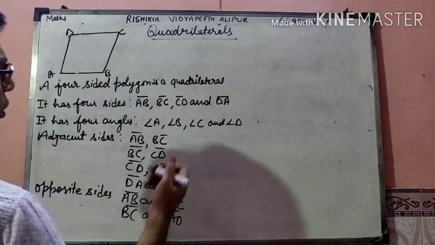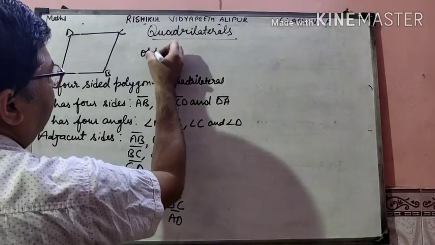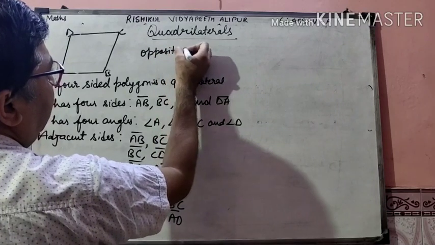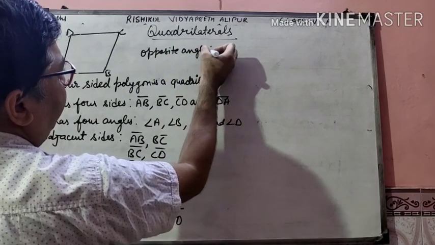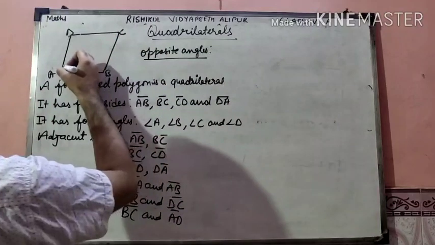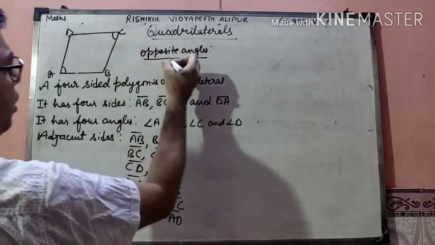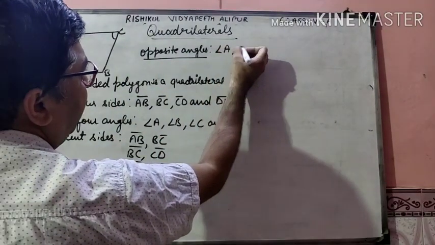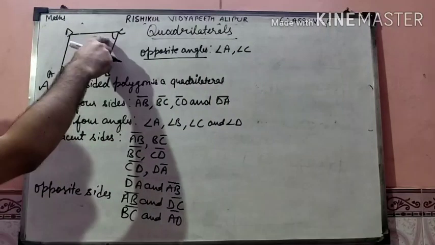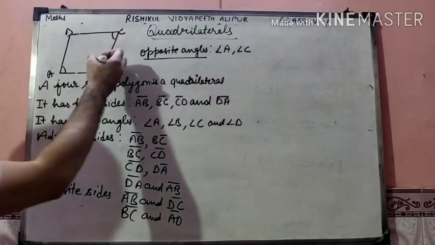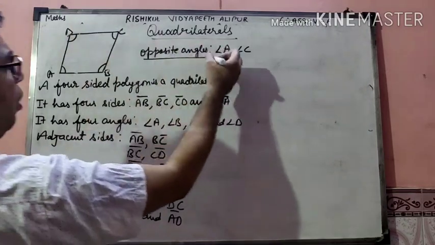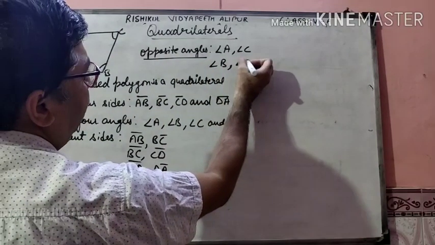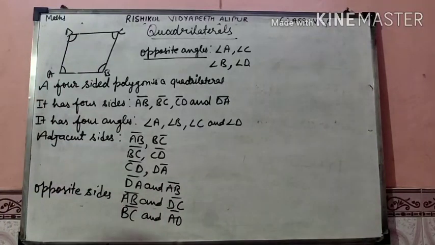After that, opposite angles. Can you tell the opposite angles? Angle A is opposite to angle C, and B and D are also opposite. So students, this is a quadrilateral. What have we discussed? A quadrilateral is a four-sided polygon.